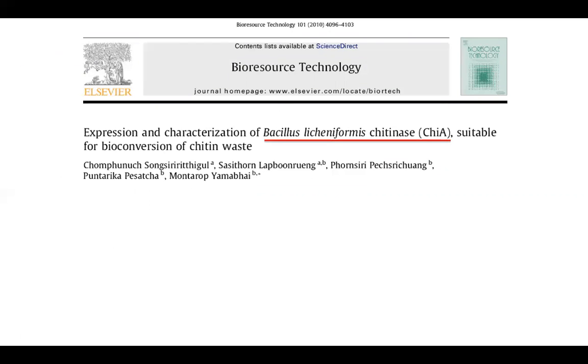As I mentioned before, we are interested in producing an enzyme that can cleave chitin, and we found that Bacillus licheniformis is a very good source of enzymes. This Bacillus can grow at a high temperature, so it's perfect because sometimes you want the reaction to be at a little bit higher temperature than 37, so that you have less contamination. Okay.